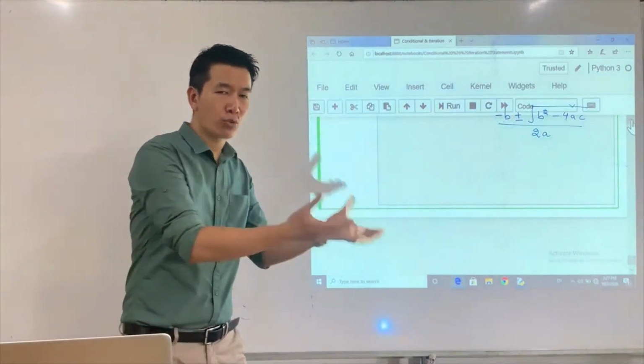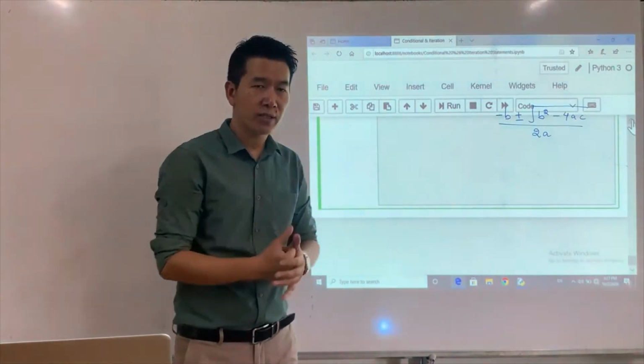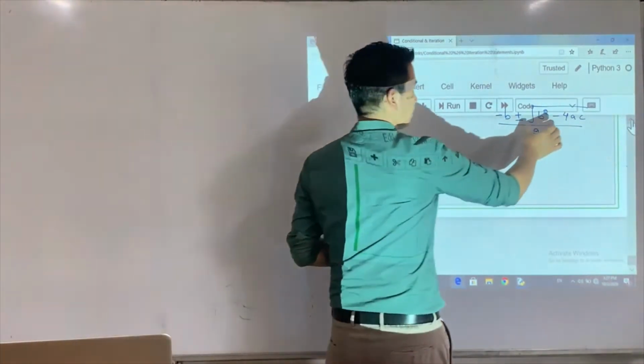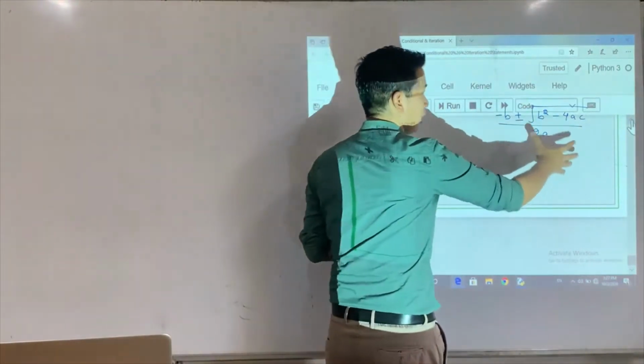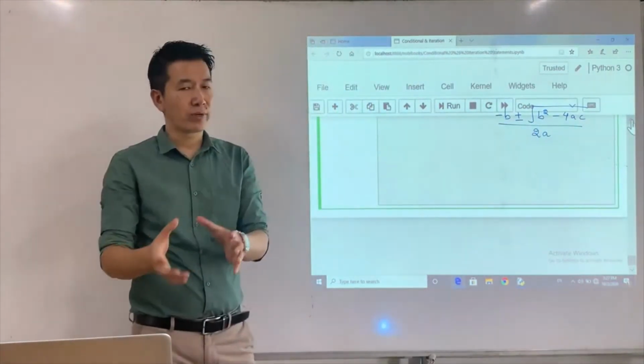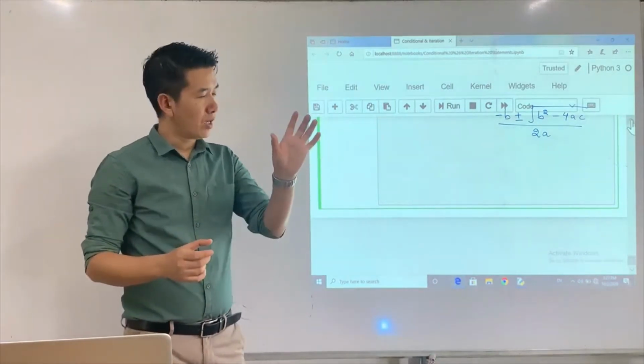You don't have a square root of a negative number. You have learned this already, right? If this is the situation, then the roots are complex and imaginary, right? So that's one particular option.